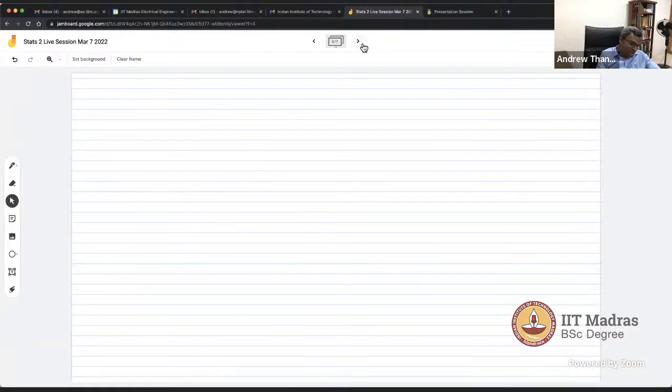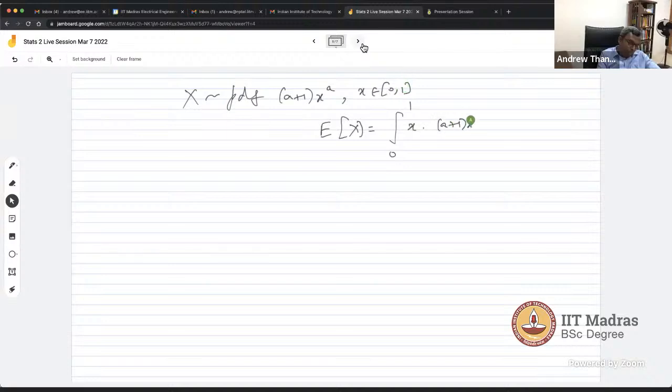X has PDF (a plus 1) x power a. So the expected value of x is the integral from 0 to 1. So there's x in 0, 1, and that's important. The integral from 0 to 1 of x times the PDF dx. a plus 1 is a constant, so it's going to come out, and you'll be left with x power a plus 1, and that integral is x power a plus 2 by a plus 2, which you evaluate between 0 and 1.